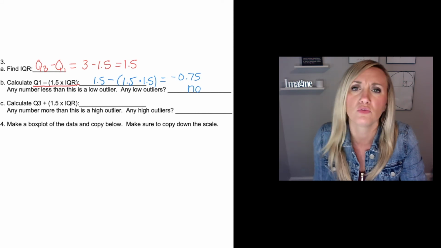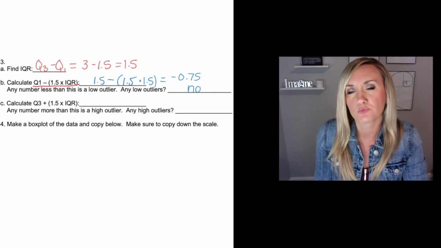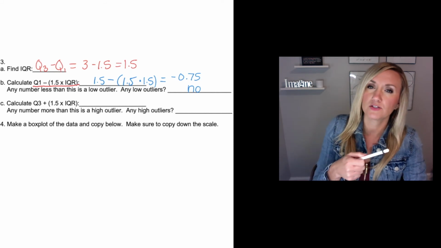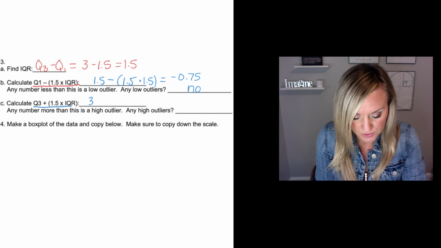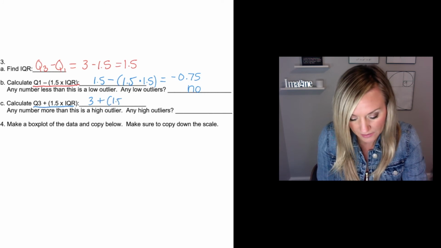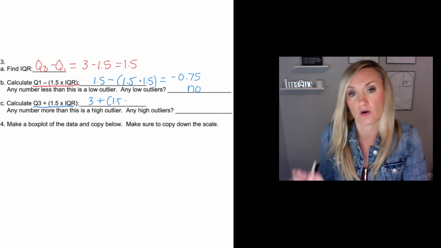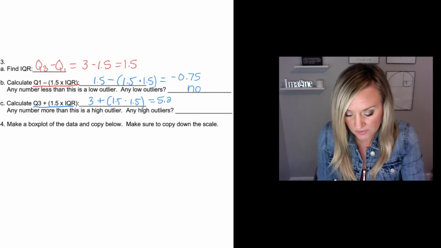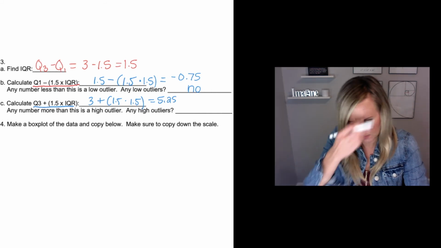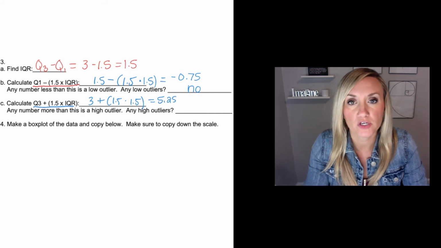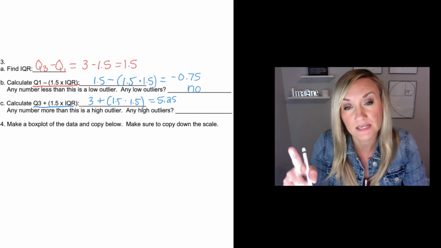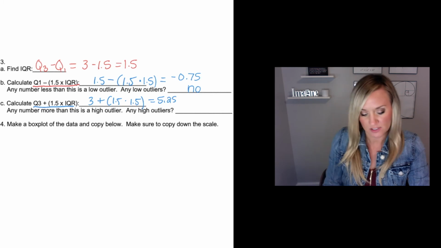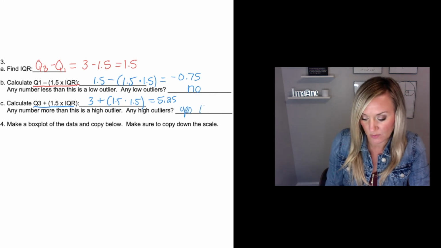We knew that when we started thinking about what this problem is about. Okay, so how many is too high? Q3 was 3. Now we add 1.5 times our IQR, which is 1.5, and that gives us 5.25. So anything greater than 5.25 is an outlier. We only have one piece of data like that, and that is 10. So 10 is the outlier.